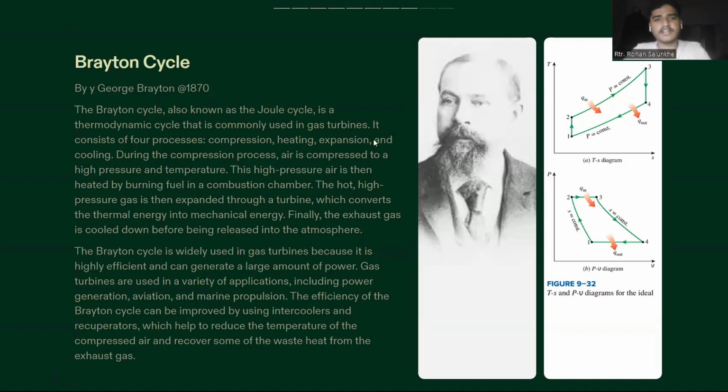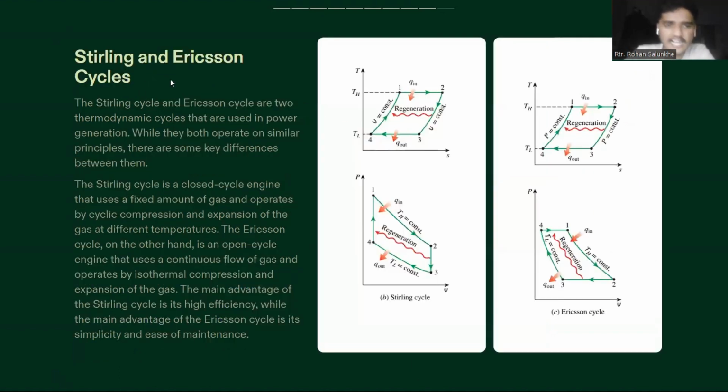Now, moving towards our next cycles, the Stirling and Ericsson cycles. The Stirling cycle and Ericsson cycle are two thermodynamic cycles that are used in power generation. While they both operate on similar principles, there are some key differences between them. The Stirling cycle is a closed cycle engine that uses a fixed amount of gas and operates by the cyclic compression and expansion of the gas at different temperatures.